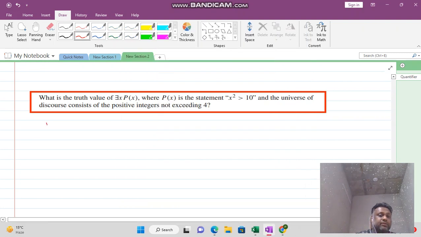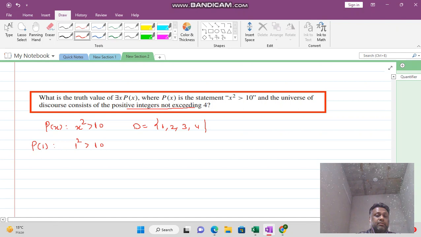Here the domain is finite, and in this domain we have elements 1, 2, 3 and 4. Now what is P(1)? 1 square is greater than 10 means that 1 is greater than 10, so this statement is false.